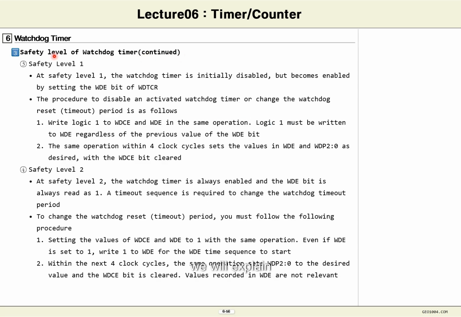Next, we will explain the safety level of the watchdog timer, continuing with safety level 1. Safety level 1 means the watchdog timer is initially disabled, but can be activated by setting the watchdog enable bit in the watchdog control register.